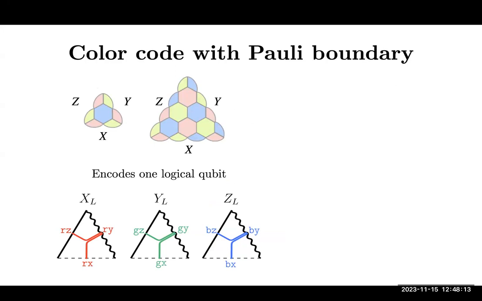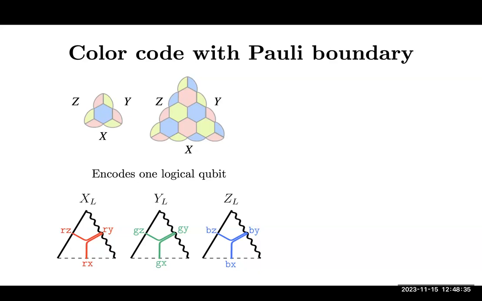Now, it turns out that this encodes exactly 1 logical qubit, and the way to see that is you just need to count the number of logical operators. So, what is logical X?